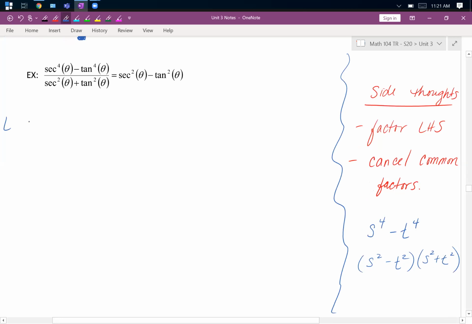So Josh is right. We're going to start with our left-hand side. Our numerator is going to factor into secant squared minus tangent squared times secant squared plus tangent squared.